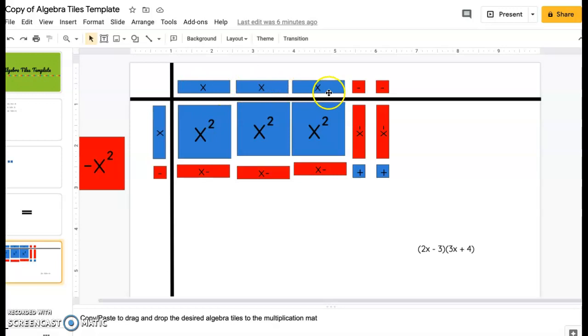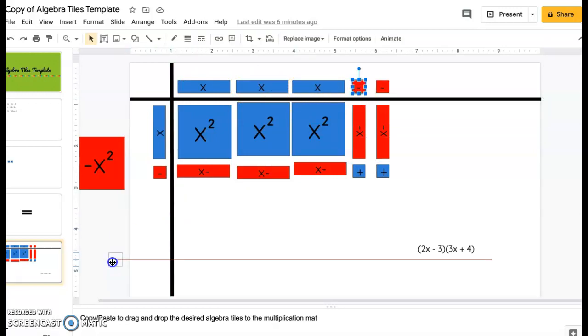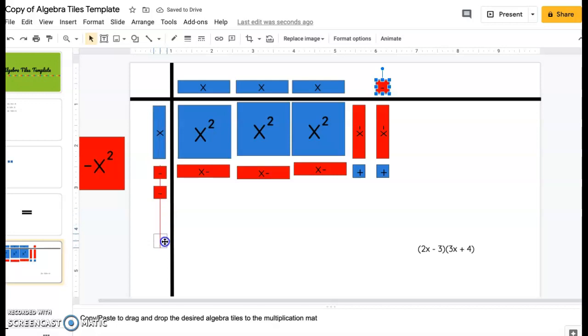So we have a 3x up here. So we are just going to move our negative over here. And we're going to actually scooch them down a little bit so we have room for another x.